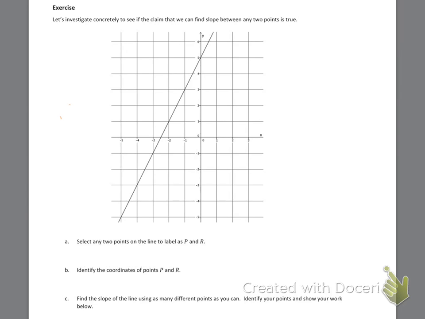And then identify the coordinates. And then part C, find the slope. It says using as many different points as you can. So once you've done that for 2 points, then maybe identify a couple more and verify that the slope is the same regardless of which points you choose.